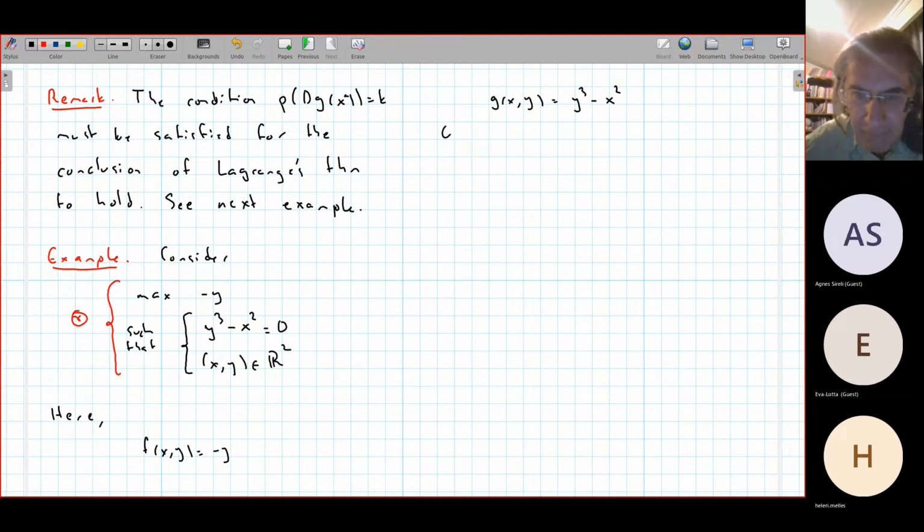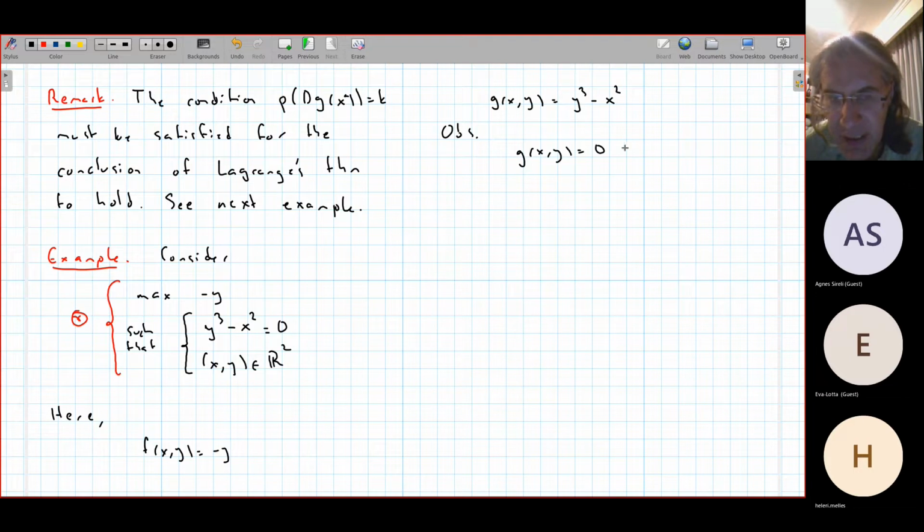Now let's observe the following. Written g of x comma y is equal to 0. This happens if and only if y cubed is equal to x squared, which is always greater than or equal to 0.